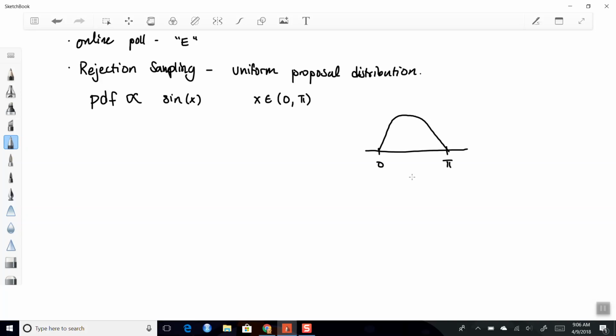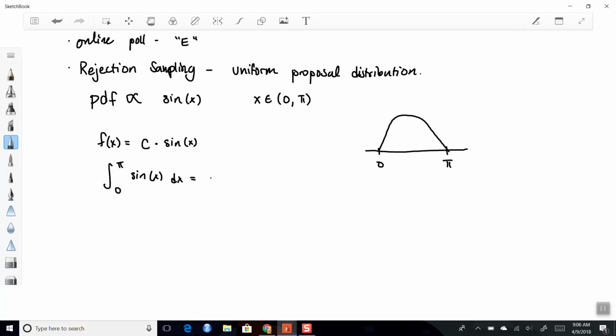Now, I have to say proportional to, because for this to be a PDF, the whole thing has to integrate to 1, right? So f of x is equal to some constant, I'll just call it c, times sine of x. Let me integrate from 0 to pi of sine of x dx.